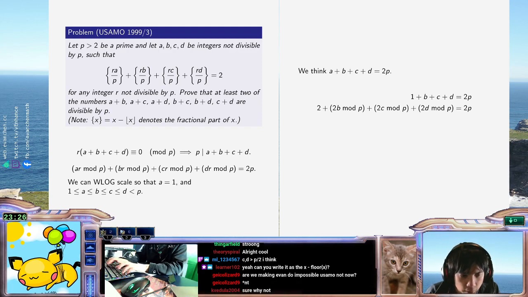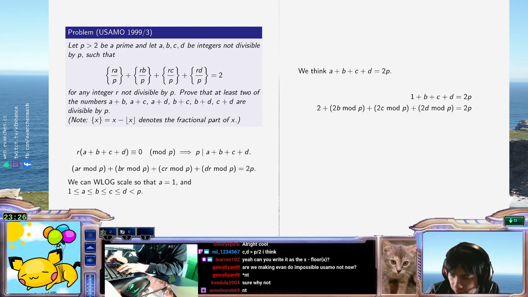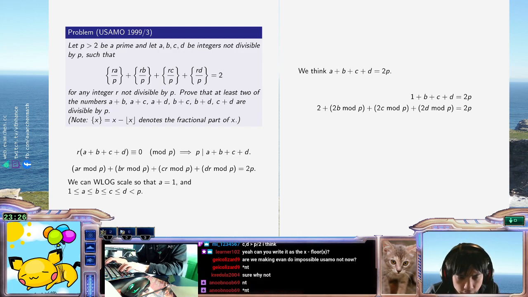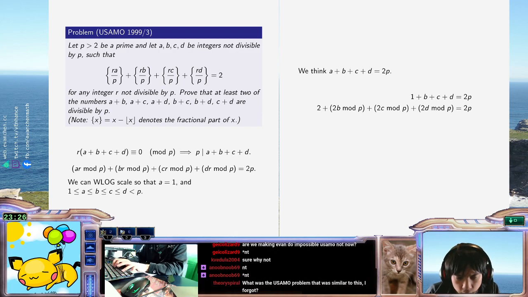So it's r for every r. Hang on. For every r, the statement is saying that r minus floor of RA over P... I'm really confused. Something's wrong.